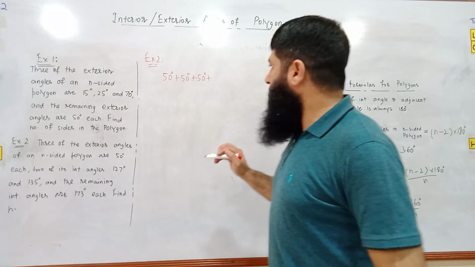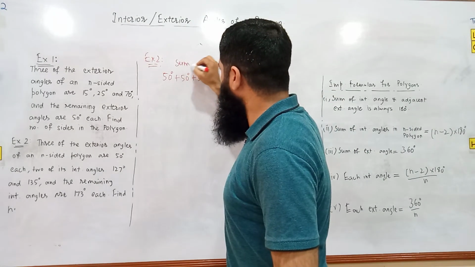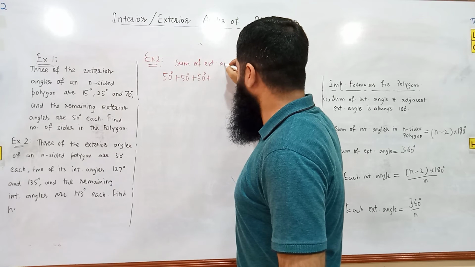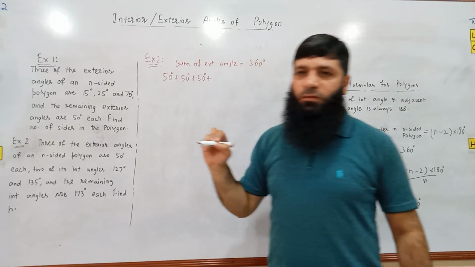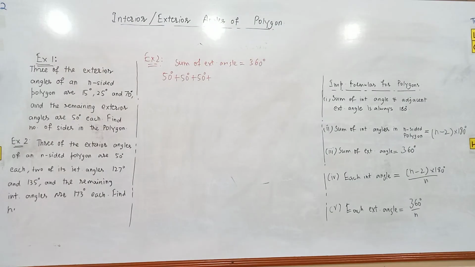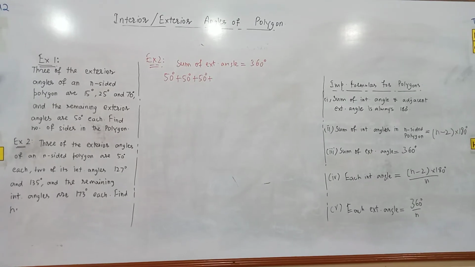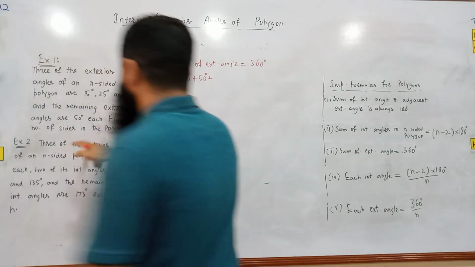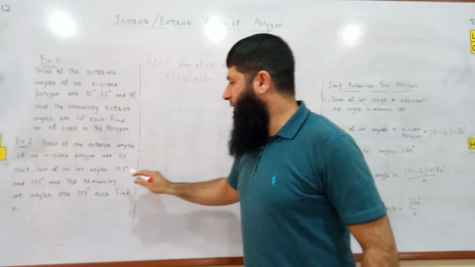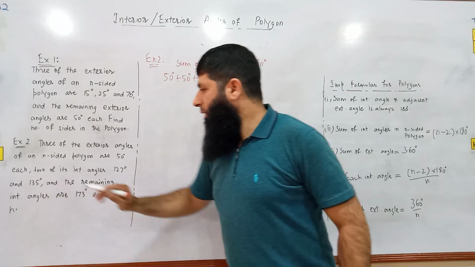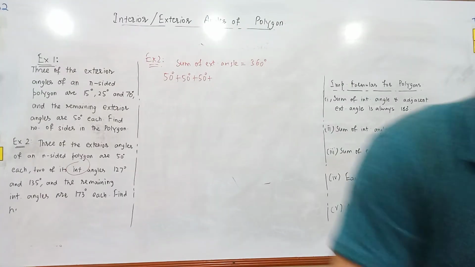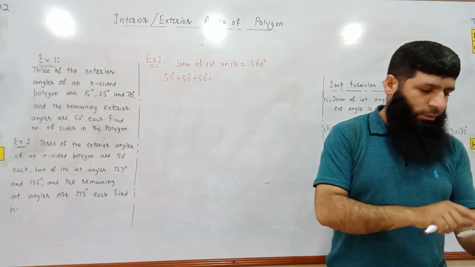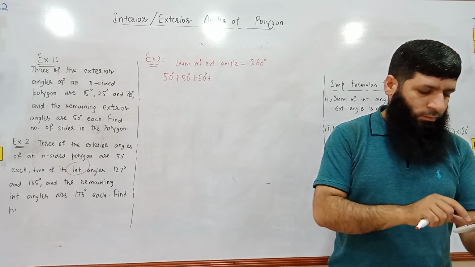First of all, we know that the sum of exterior angles is always 360. We have 3 exterior angles of 50, and 2 of its interior angles are 127 and 135. Now these angles are interior angles. If the interior angle is 127, the exterior angle will be 180 minus 127.